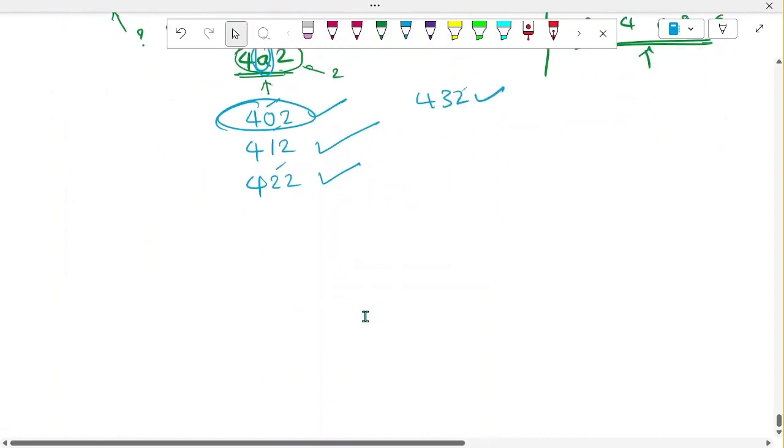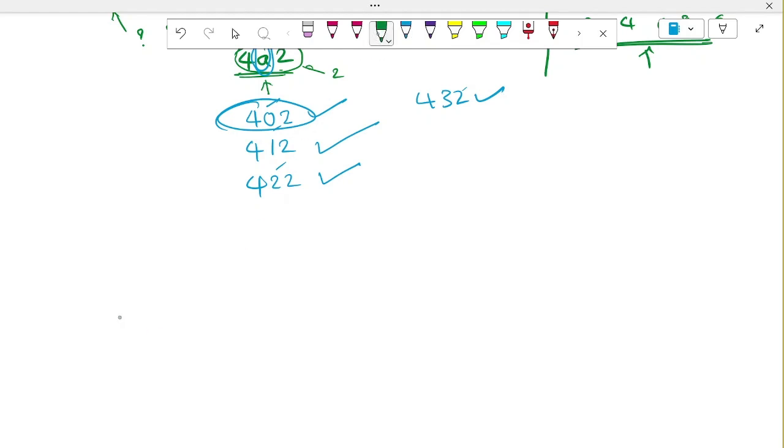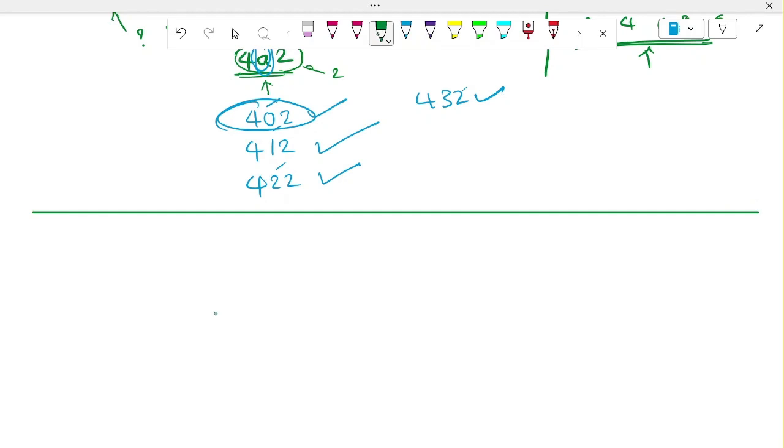Now we'll try to solve another similar question. Just take this question and try to answer me. Fine, and the answer should be from your side. 5a2.